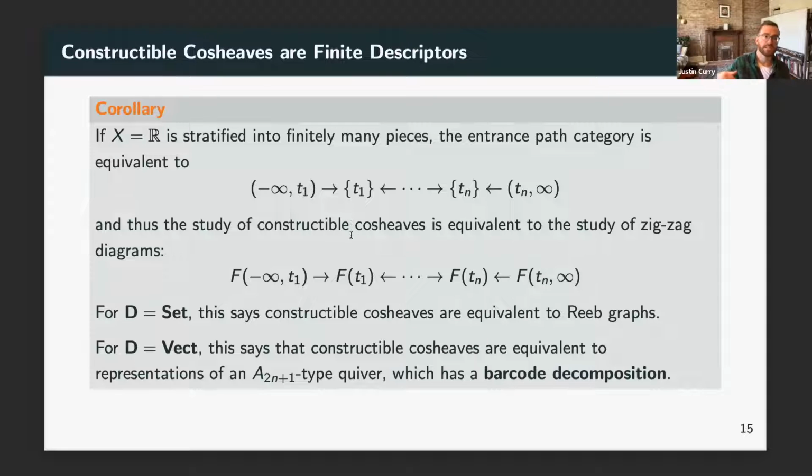And so then when I'm studying something like homology or pi0, what I'm studying is basically a collection of sets or vector spaces with maps that go down towards the critical values. And in the setting where these objects are sets, this is exactly the Reeb graph. And in the case where this is vector spaces, these look like zigzag modules, and they have barcodes.